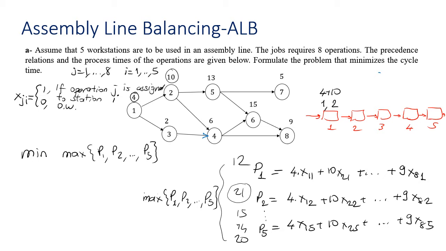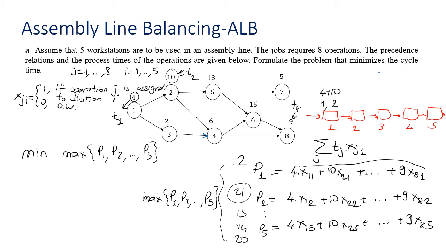And P1, P2, P3 are actually these. So how can I represent this in compact form for P1? I'm going to represent the time of operation for the first task by T1. This will be T2 and this one will be T8. So I will multiply Tj, the task time of task j, by xj1.